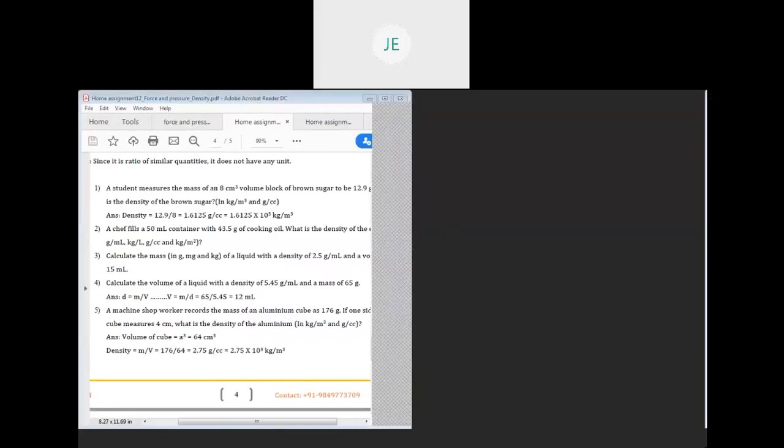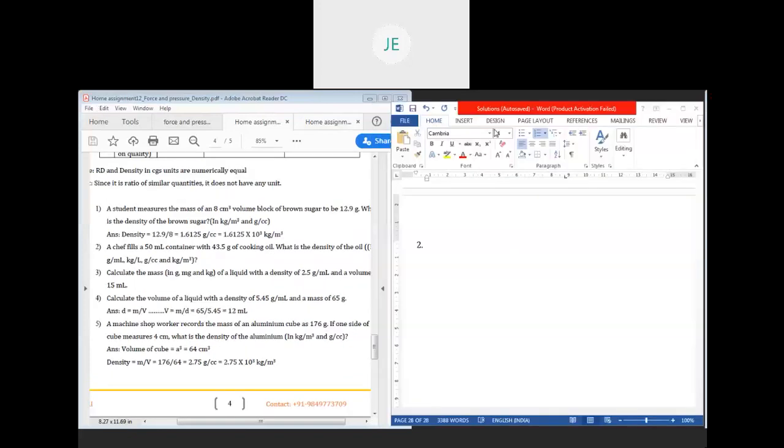The second one: it is given that 50 ml container, that means volume is given as 50 ml, then mass is given as 43.5 grams.